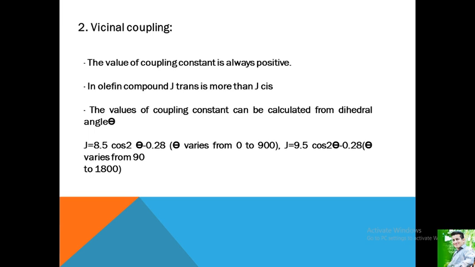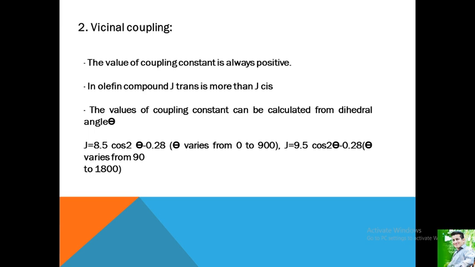The value of the coupling constant is always positive. So here are some key points. In olefin compounds, J trans is more than J cis.